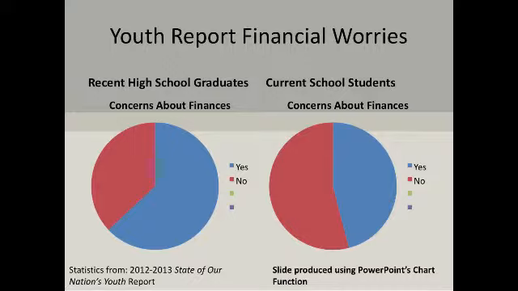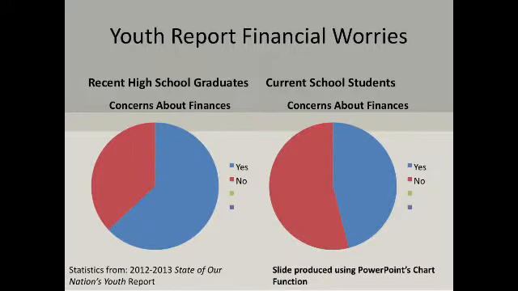Whenever you do that within PowerPoint, it creates a legend over to the right. This is actual statistical data about the concern that recent high school graduates have versus current high school graduates. And you can see that recent high school graduates are far more concerned about finances than our current high school students. But your eyes are having to bounce around to get all of that information.